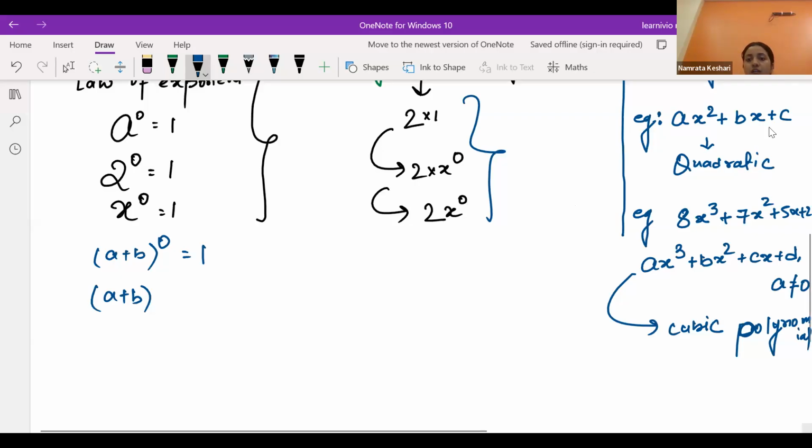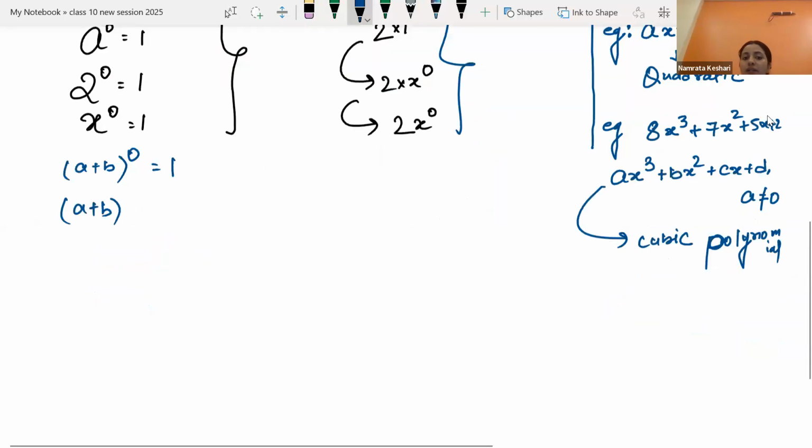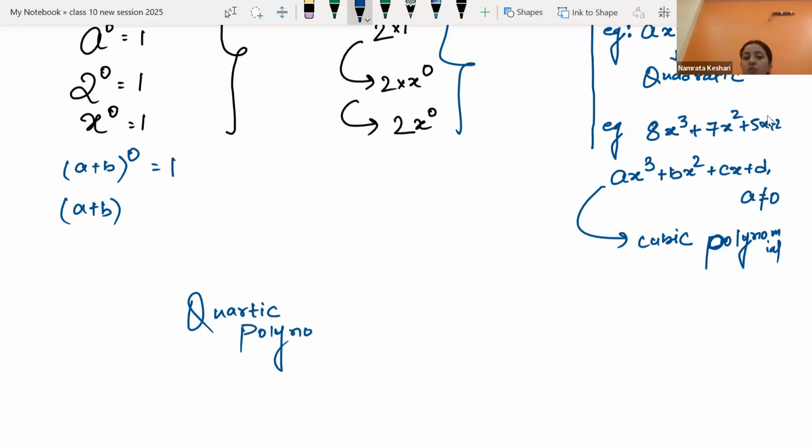Now the general or standard form of a quartic polynomial, till here you need to know only. Again I'm going to write it usually. When we are talking about a polynomial, we will be taking a standard format which will be arranged. But in your question, it can be given in any way, not so arranged.